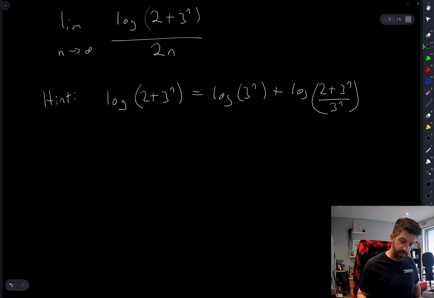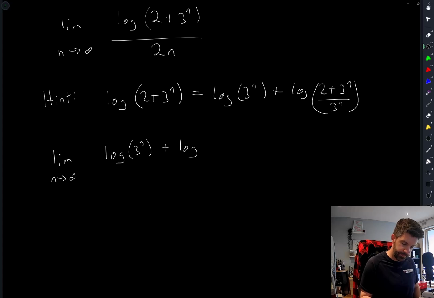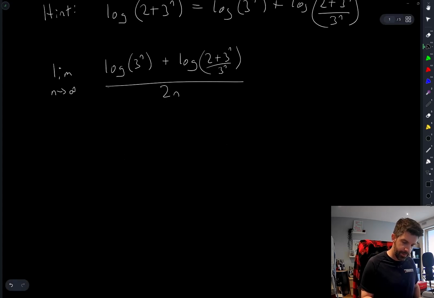So I think now what we can do in the original limit, I'll replace the numerator with what's given in the hint. So we've got that. In the first term, it's not going to be 3 over 2, it's going to be log 3 over 2. Anyway, that's fine.